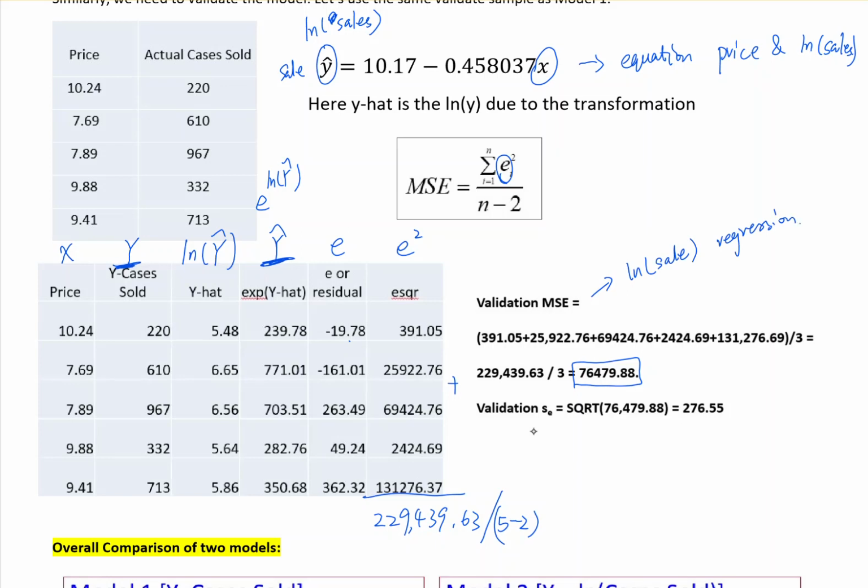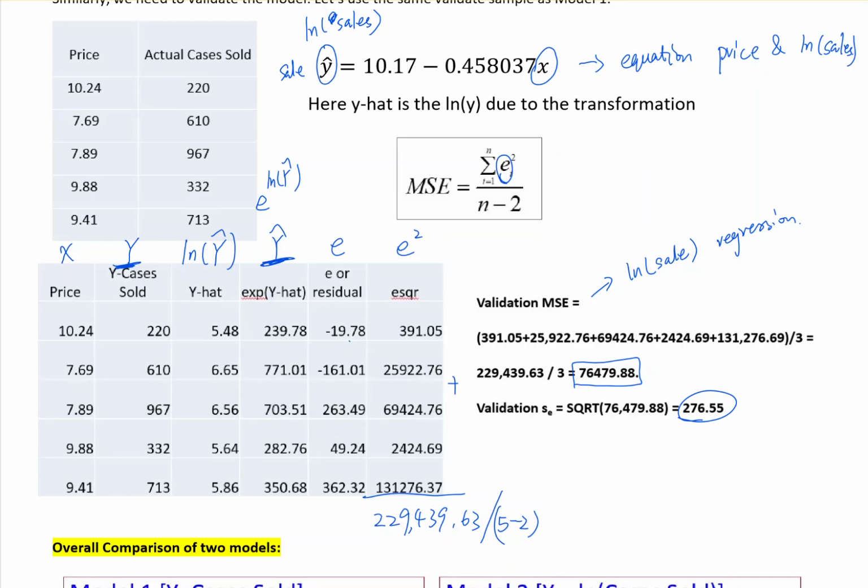Alright, and then if we take the square root, this is the validation standard error, the standard deviation of the residual. Alright, so now we have two different models for the same sample.